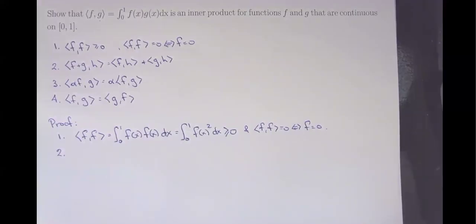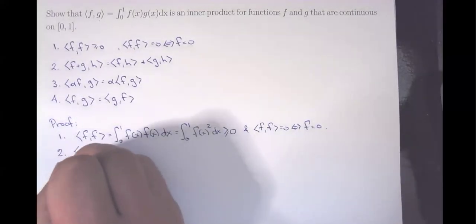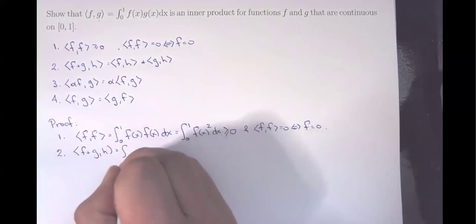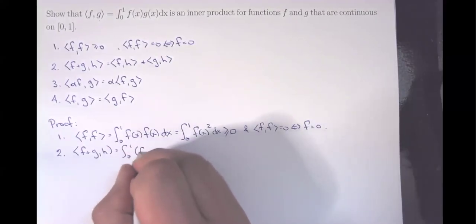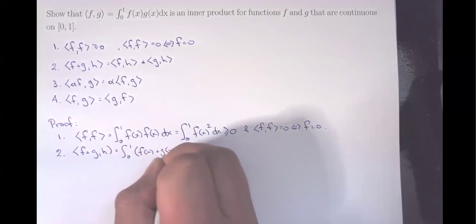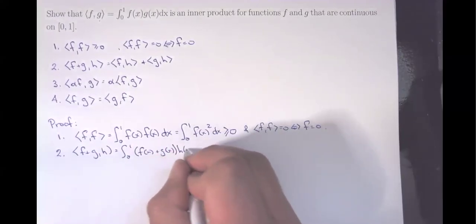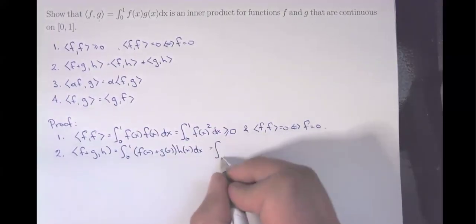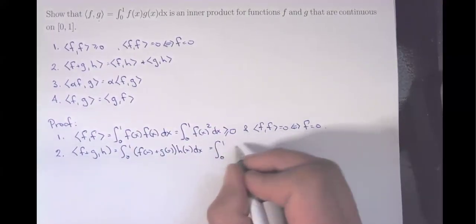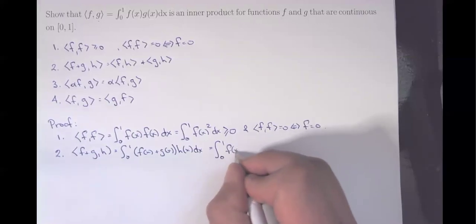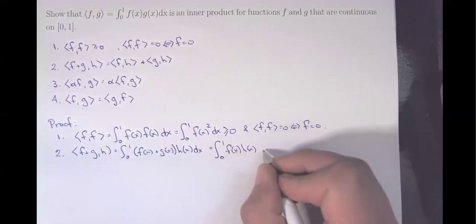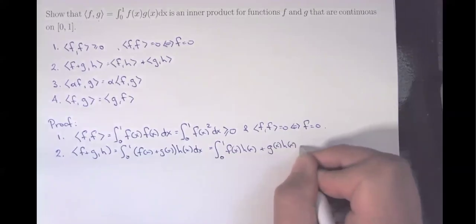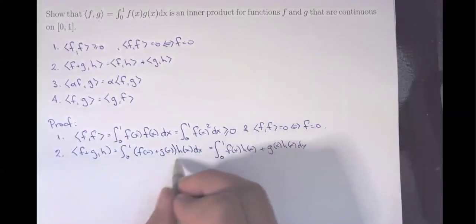How about property 2? Well, the inner product of f plus g with h is the integral from 0 to 1 of f of x plus g of x times h of x dx, which is the integral from 0 to 1 of f of x h of x plus g of x h of x dx, just by expanding out that bracket.